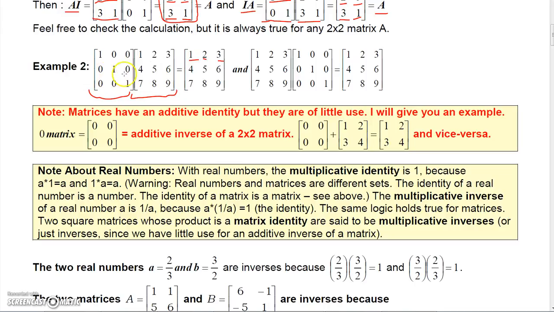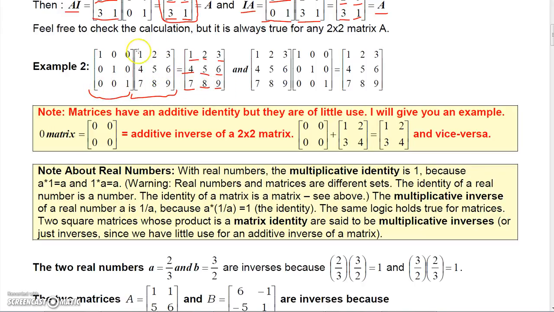And if I multiply the second row by the first column, I get 4. The second row by the second column gives me 5. Second row by the third column gives me 6. And the third row by the first column gives me 7. The third row times the second column gives me 8. And then the third row times the last column is going to give me 9.